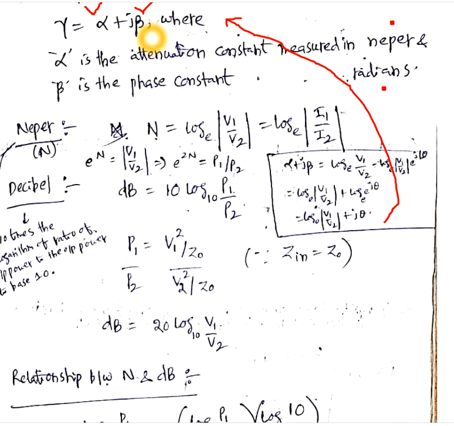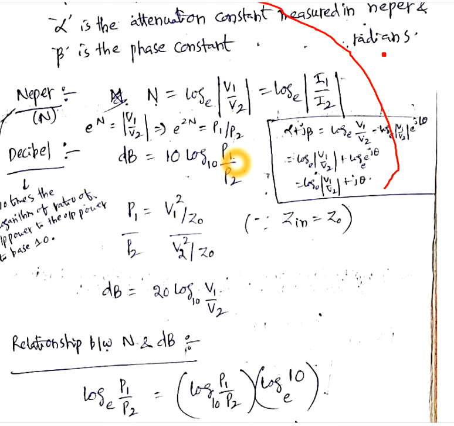That's why the units of beta are radians, because it is mapping with theta, which is angle, and alpha is in Nepers, and it is also equal to ln magnitude of V1 by V2. That is important. So now onwards we will use alpha is equal to ln of magnitude of V1 by V2. Fine. Right, so it is like Nepers equals ln V1 by V2.